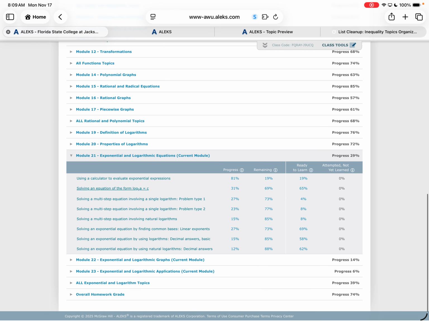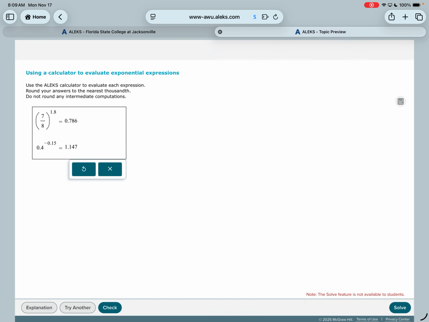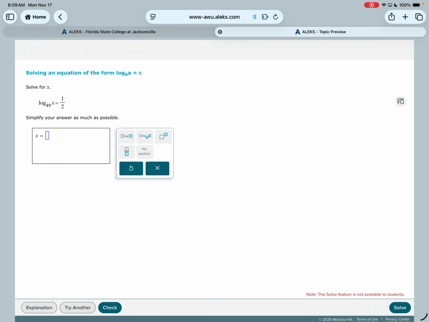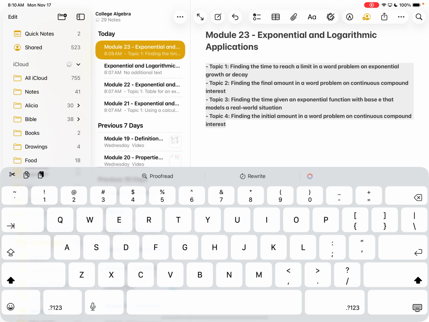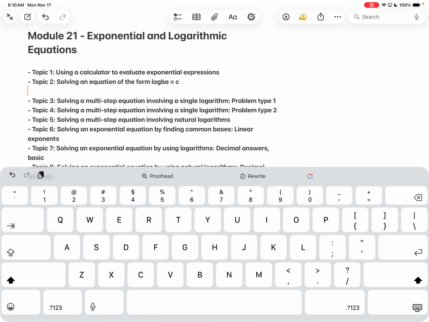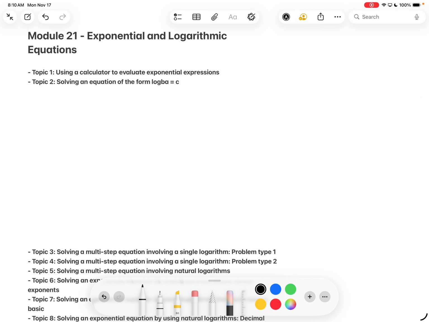All right, solving logarithm equations to start. This is kind of the way I teach logarithms with equations, but what it's going to do is switch up where the variable is.